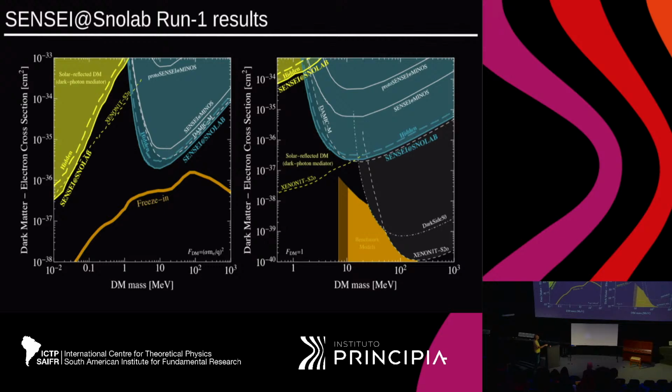But here you see that the limits from SENSEI, although they are the best at some positions, are now competing with other experiments, like Xenon1T S2 only. This is in dashed line because these are predictions at this point, but still you are now being competitive with experiments that have a larger mass.